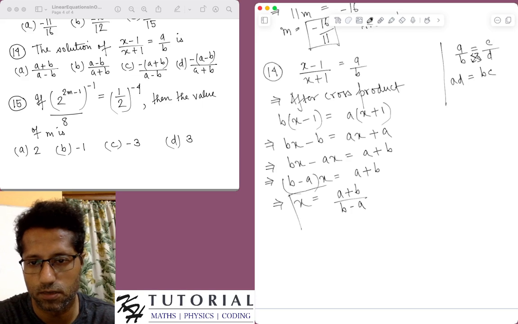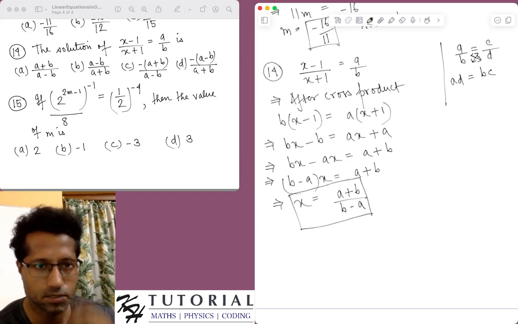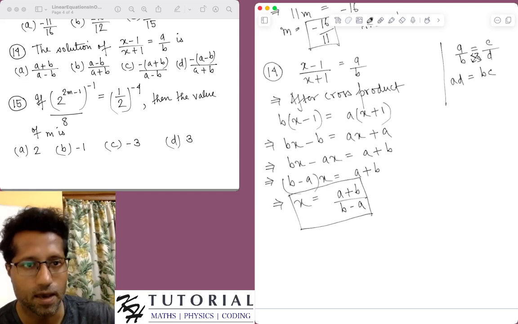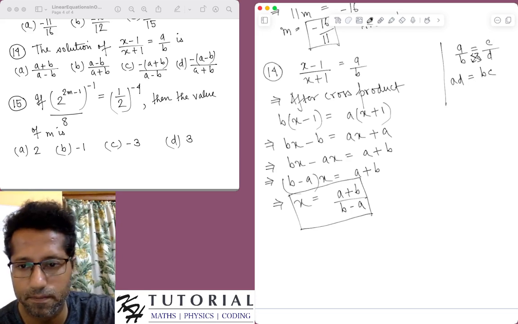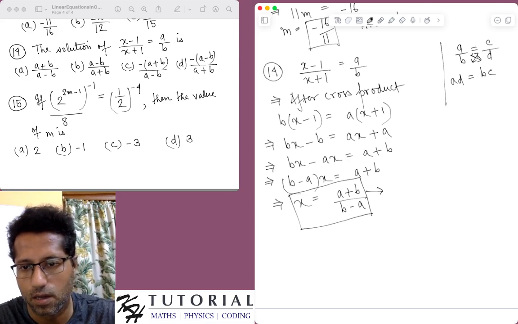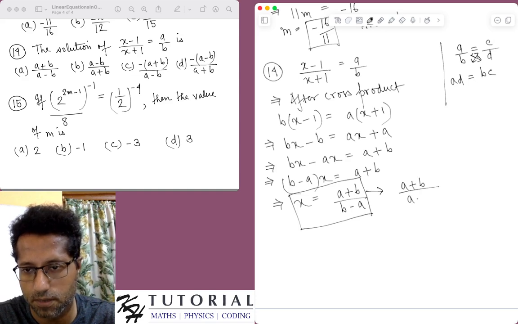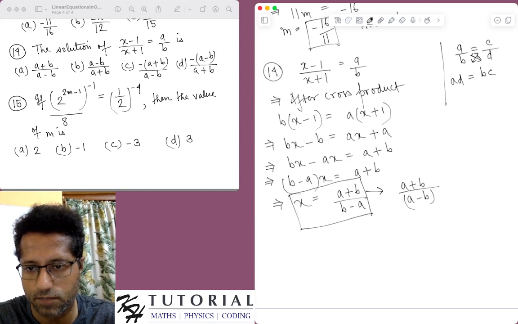Now we have to see which one it matches with the choices. In the denominator we must have a minus b, but we are getting b minus a. So if we simplify this to have a minus b in the denominator, we can write the denominator as a minus b with a negative sign in front of it.